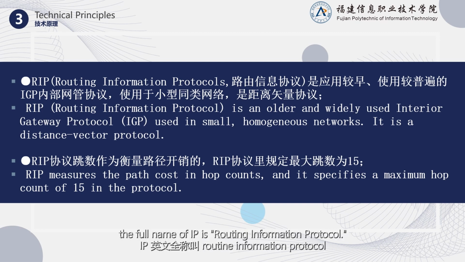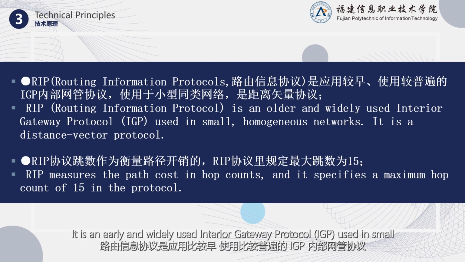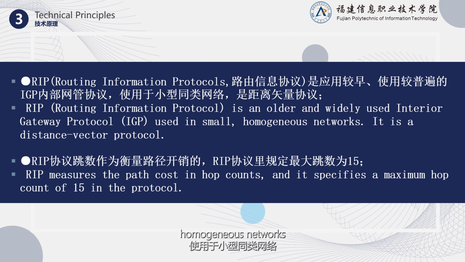Firstly, the full name of RIP is Routing Information Protocol. It is an early and widely used interior gateway protocol, IGP, used in small, homogeneous networks. And it is a distance vector routing protocol. There are two types of dynamic routing protocols: distance vector and link state.